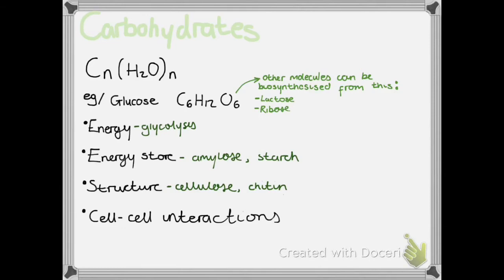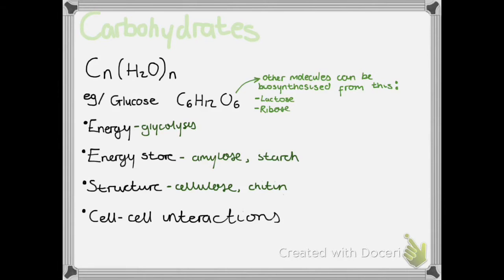So these are important in releasing energy through things like glycolysis, storing this energy in the form of amylose and starch. They can also be used as structural polymers such as cellulose in plant cell walls, and also in cell-to-cell interactions by forming receptors on the cell membrane.